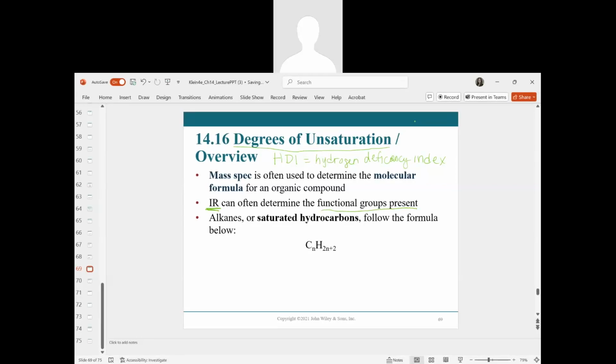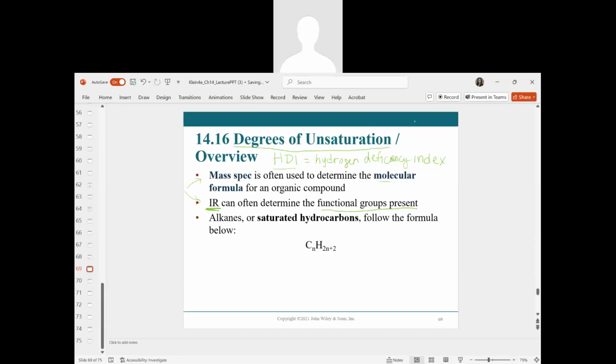But an extra type of determination, such as using the hydrogen deficiency index or finding the degrees of unsaturation, can help us more specifically refine what compound we may be looking at. Neither of these fully elaborate the structure of the compound. Just the molecular mass, aka molecular formula, can be deduced, but the arrangement of bonding sometimes is not apparent.